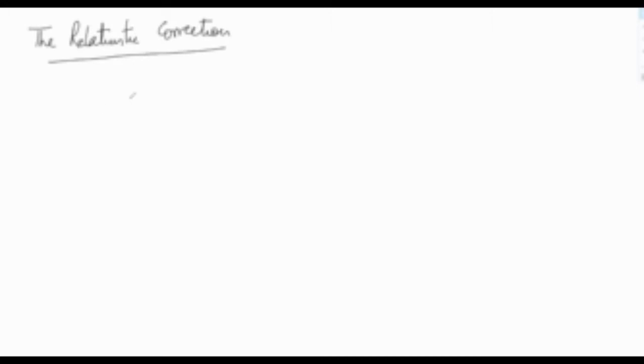Okay, what we know from non-relativistic quantum mechanics, or that is true for even classical mechanics, is that the kinetic energy of the electron is given by p square by twice m.